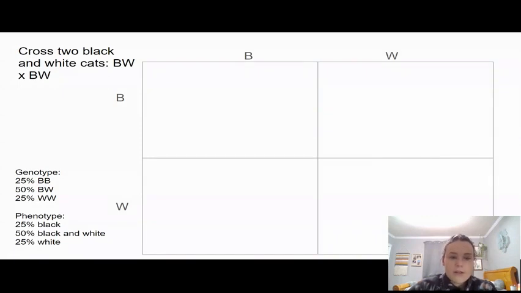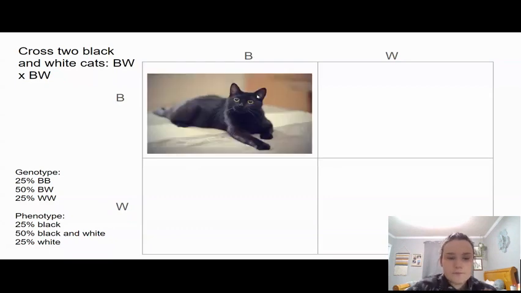Now, if we wanted to cross two black and white cats, their genotype is going to be BW, and we're crossing it with another black and white cat whose genotype is BW. Got our Punnett square again. We have their genotypes on the top, BW, BW, and using the law of segregation, each of these offspring is going to get one allele from each parent.